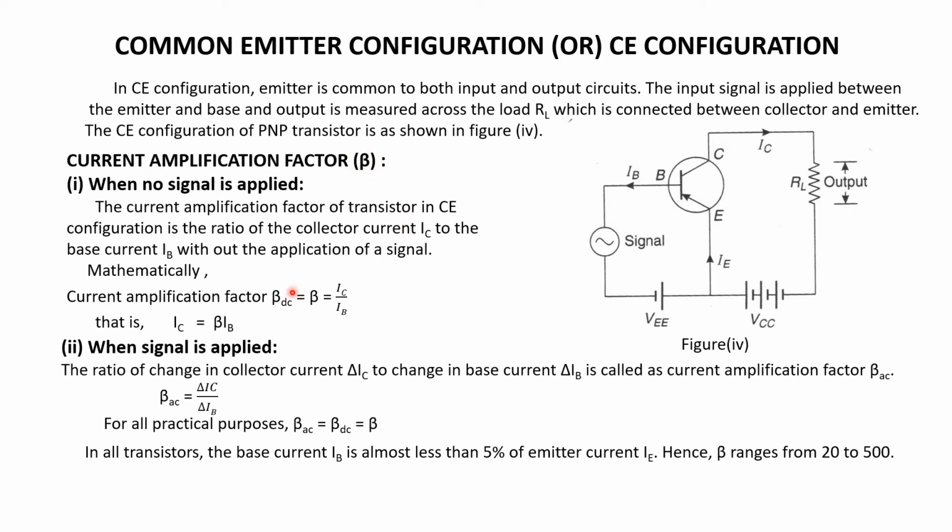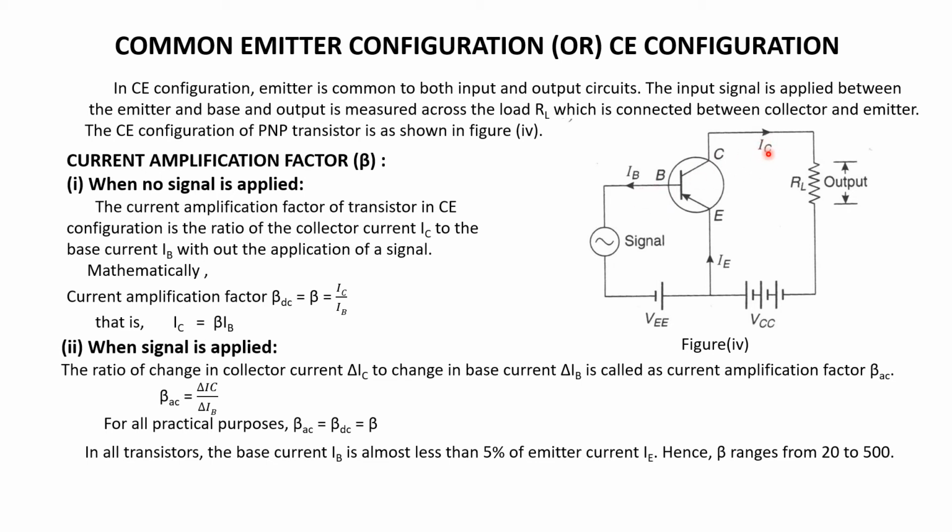So, beta DC, that means without the signal, is nothing but output current by input current, IC by IB. With a signal, the amplification factor is beta AC, that is nothing but change in output current by change in input current, delta IC by delta IB.